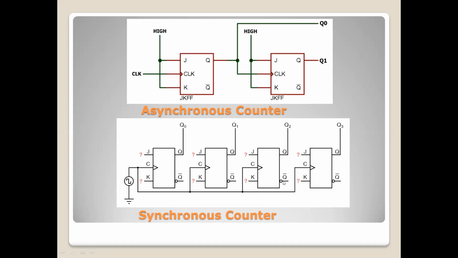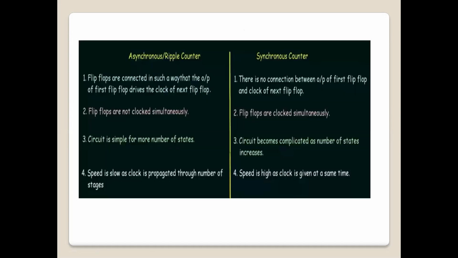All clock inputs of all flip-flops are connected in parallel. So when a clock pulse is generated, all flip-flops get the clock pulse at the same time. So in an asynchronous counter, the speed is low. In a synchronous counter, the speed is high.